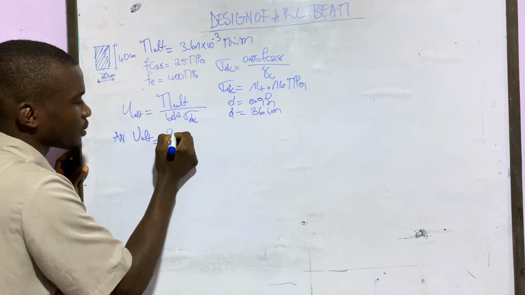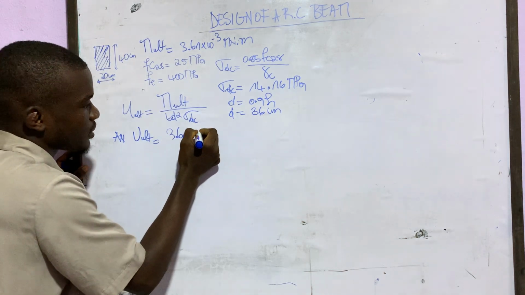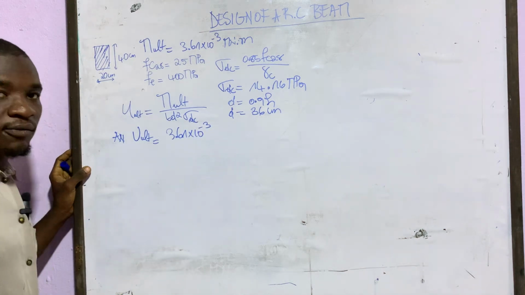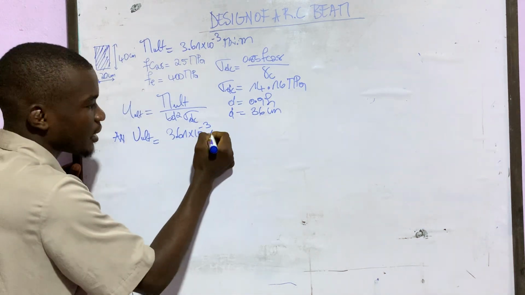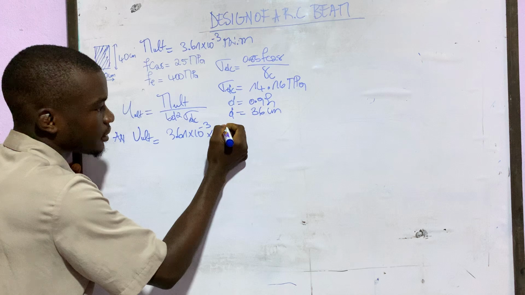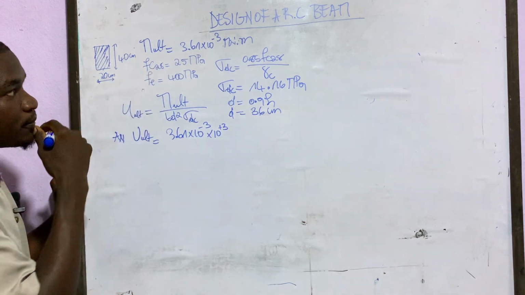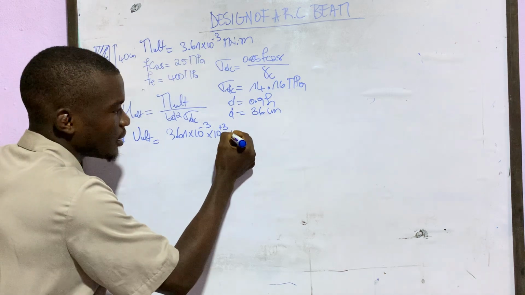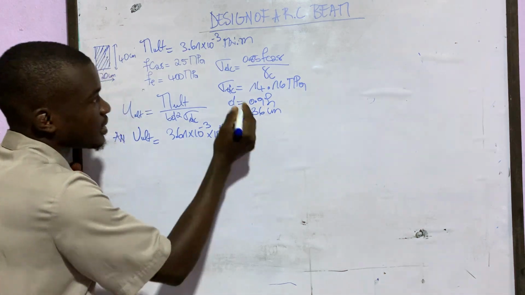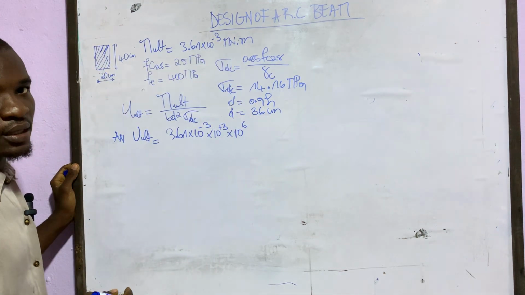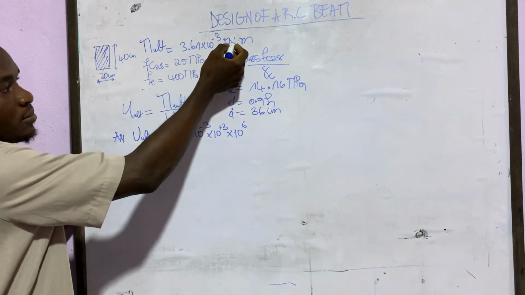It will be equal to 3.61 times 10 to the power negative 3. For the sake of conversion, I will multiply it times 10 to the power 3 first of all to convert the meter into millimeter, and times 10 to the power 6 to convert the meganewton into newton, because you can see here it's in meganewton meter.